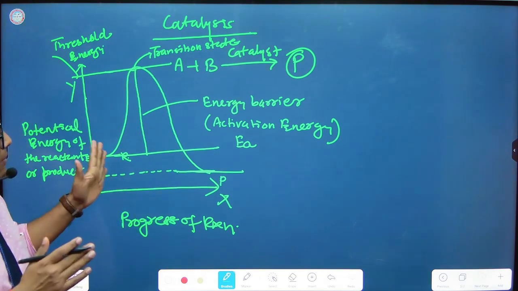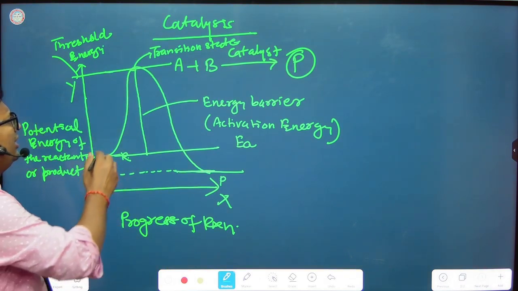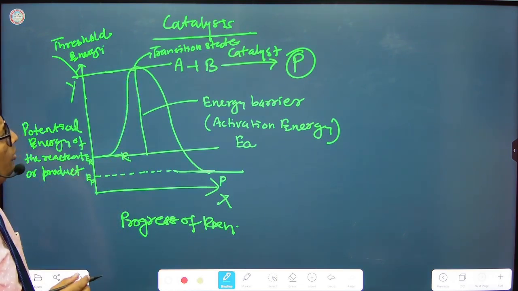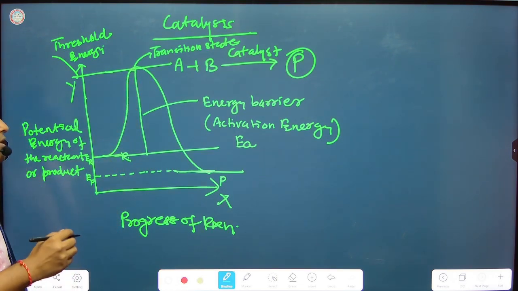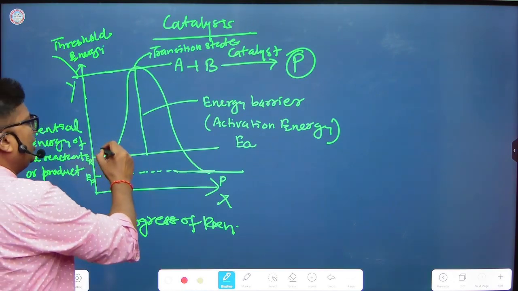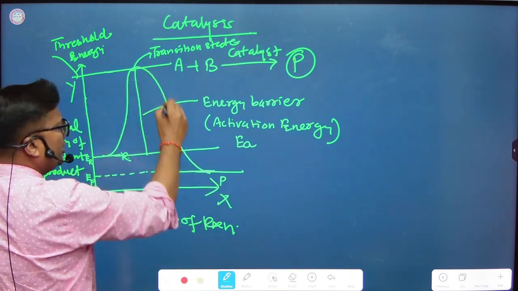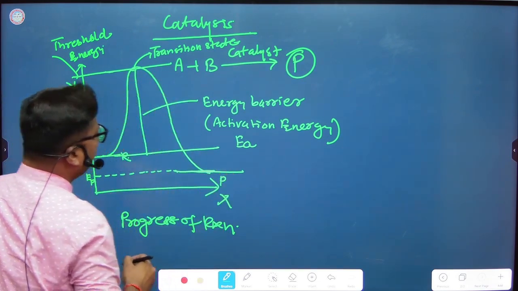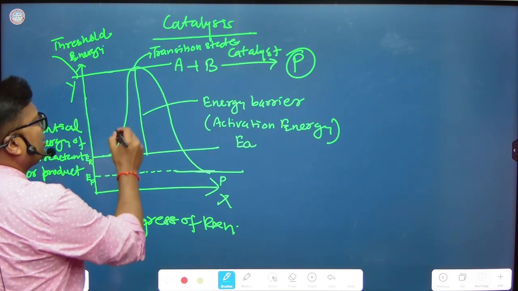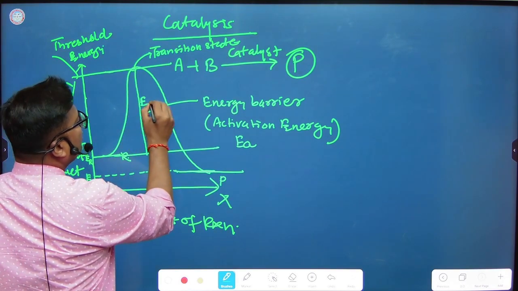So once the product is formed, this threshold point should be overcome, and only then does this graph flow accordingly to form products. So this is called activation energy, right?